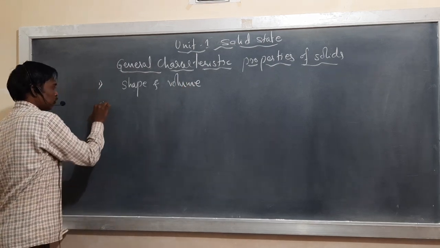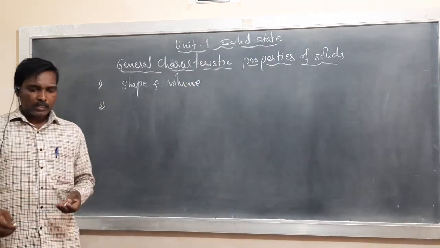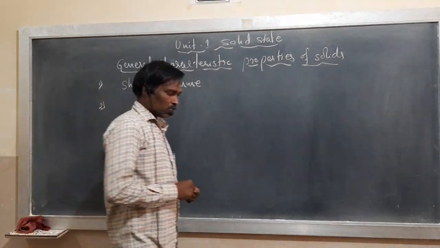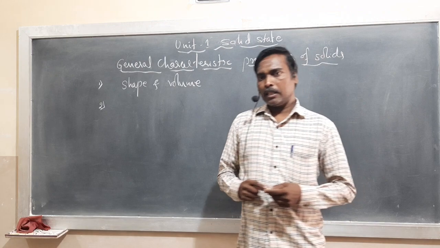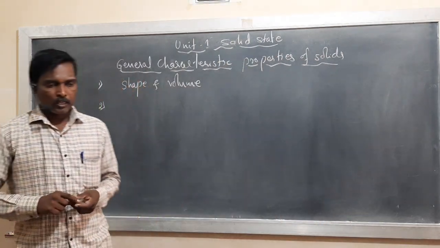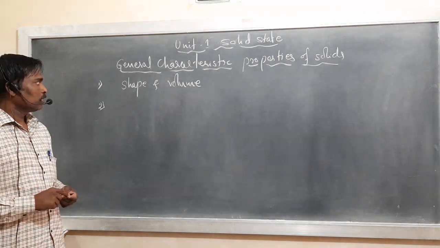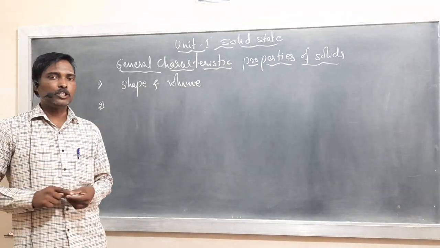Let me go with the second property. So why do solids have a definite shape and volume? Because in solids, the constituent particles, that we call atoms, ions, or molecules, are strongly held with each other.